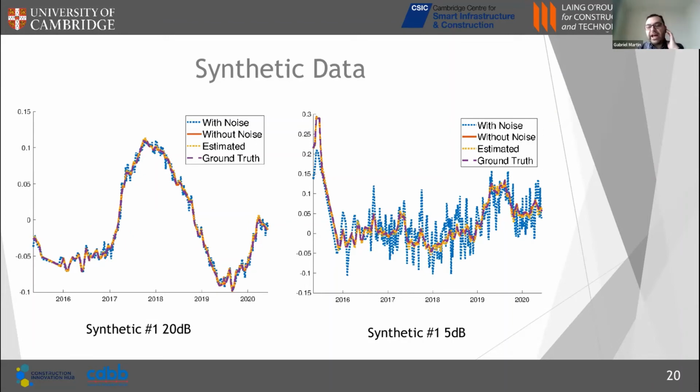In the case that we add noise, we can see that our estimation is noise-free. This means that our method works very well under noise conditions, and it is very similar to the ground truth and the pixel without noise. So this is a very good result.